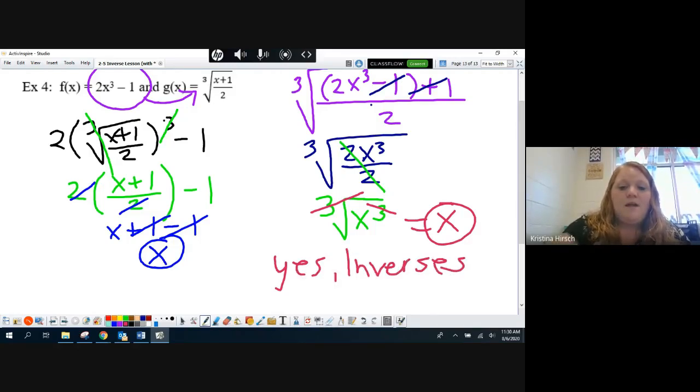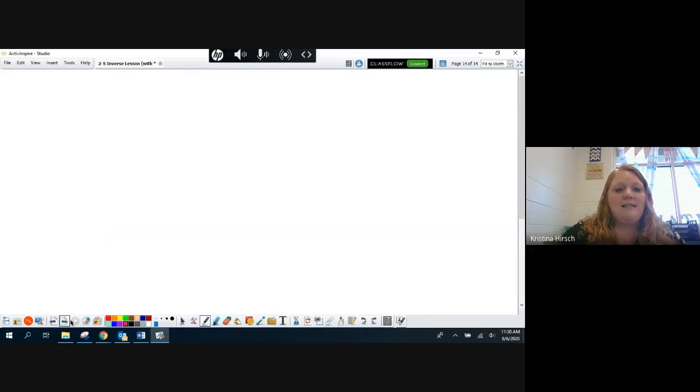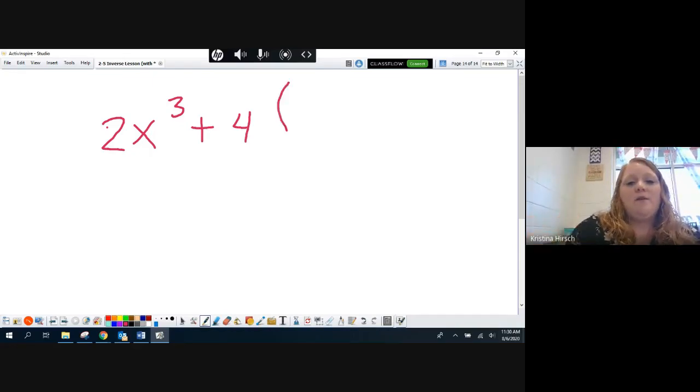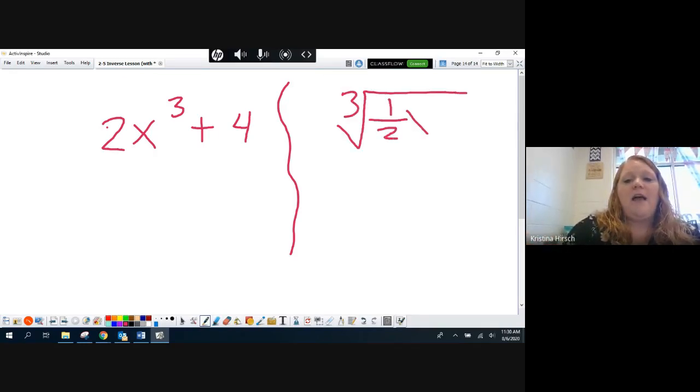All right. Now, some real quick ways, and it doesn't always work like this, but these are some good ways, if you were in a pinch and you wanted to look at something quickly, to verify inverses. If I had something like 2x cubed plus 4, and then I gave you a different function, let's see, the cube root of 1/2 x plus 4, something like that.